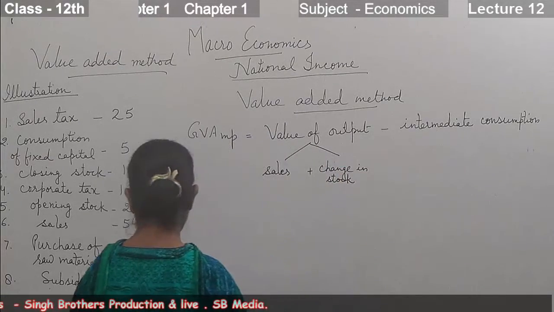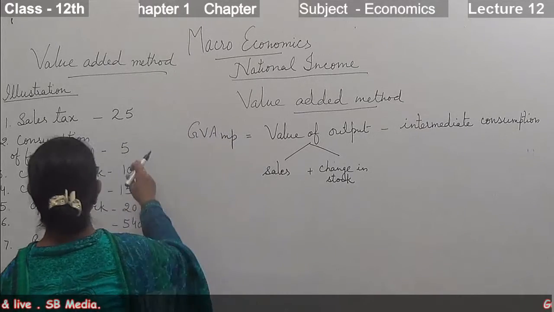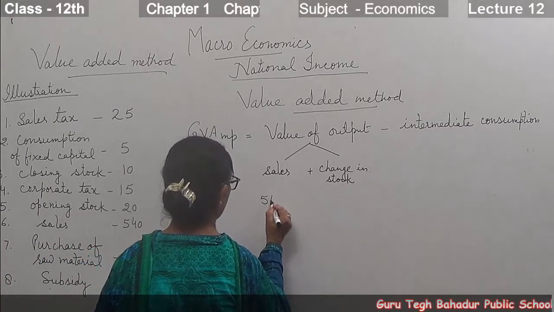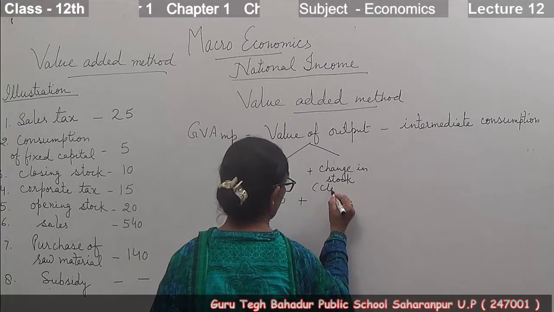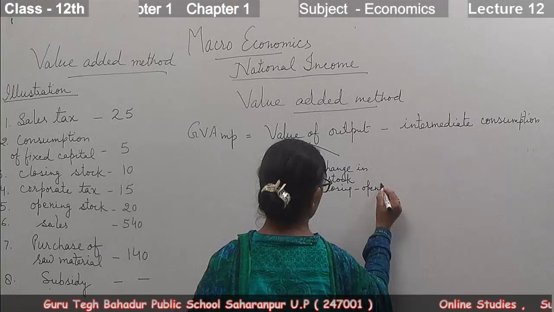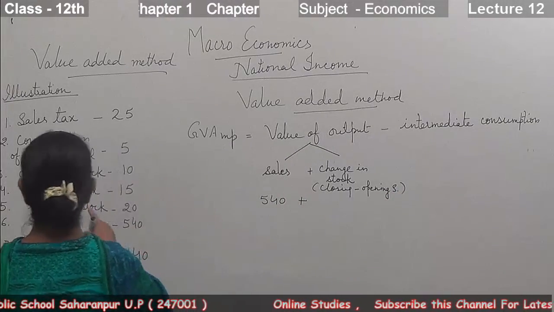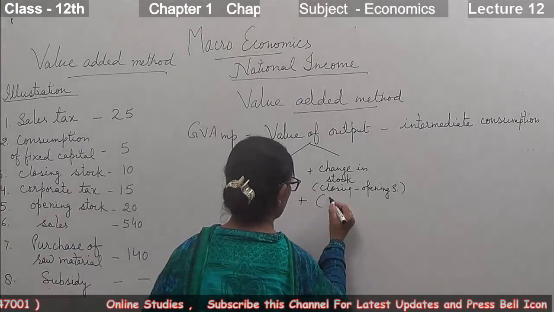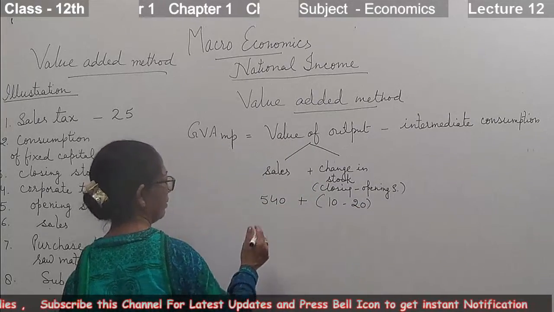Now we'll see what is given here in the question. Sales is given here, that is 540, plus change in stock, closing stock minus opening stock. Now see, closing stock is 10, opening stock is 20. 10 minus 20, that is negative 10.